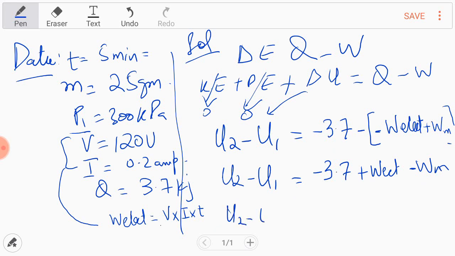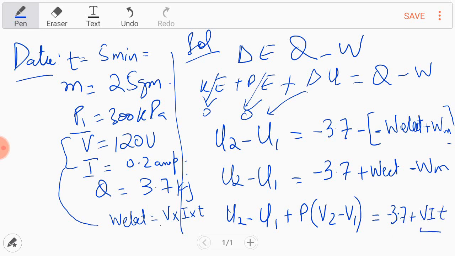So u2 minus u1, it is in the minus form, we can write this W mechanical, and we also open the mechanical work, that is P delta V, V2 minus V1 is equal to minus 3.7, and we can also open this electrical work with V I multiplied by T. So it's an electrical work.